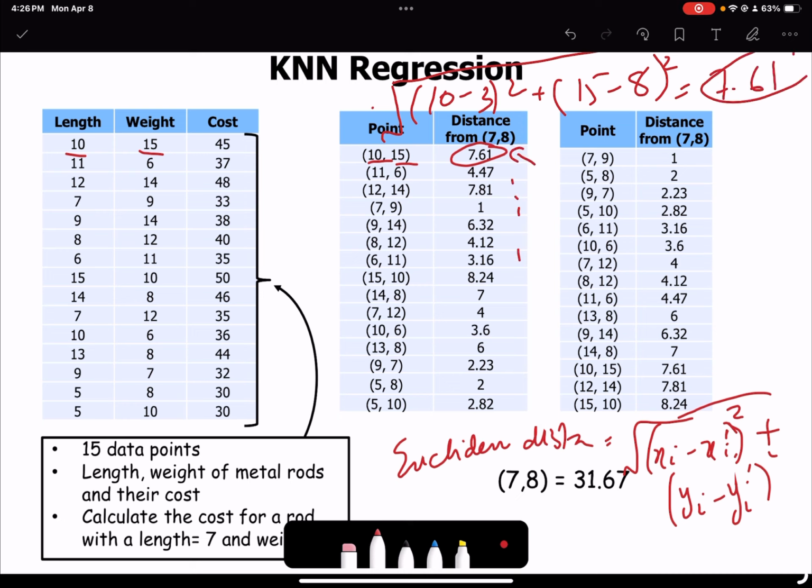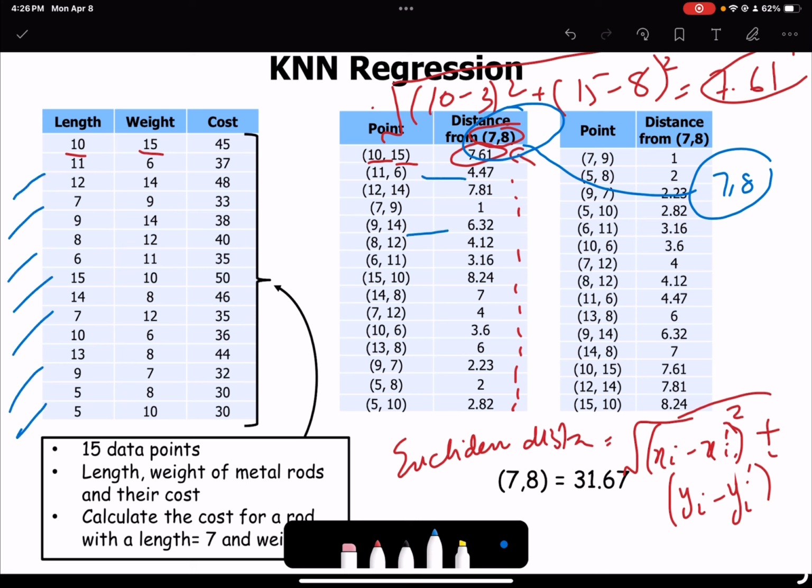So we populate this with respect to all data points, and the point under consideration is 7 and 8. We calculate the distance with all these data points, and for 5 and 10 it comes out to be 2.82.